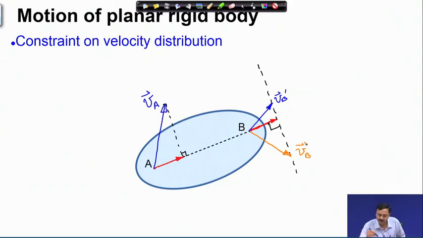Any vector starting from B and ending on this line is a valid velocity vector for point B. Any of these vectors are valid velocity vectors at point B, because their projection along AB is the same as the projection of VA along AB, so that the distance AB cannot change.